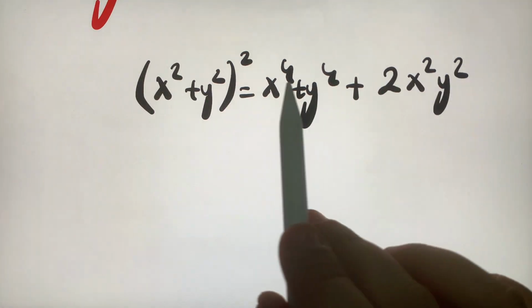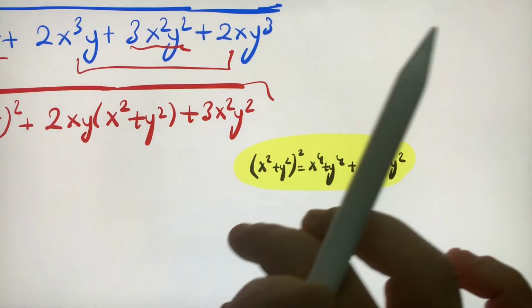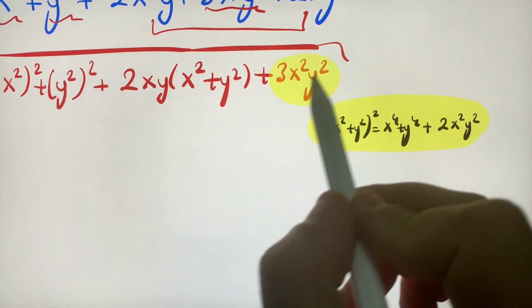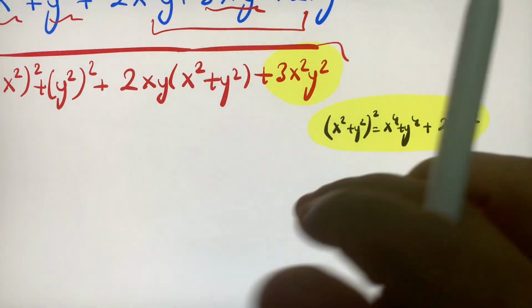Now I want you to pay attention. Look at this statement now when we get back to our question. There's 3x squared times y squared. What can I do with this part? I can convert it. So what do I mean?